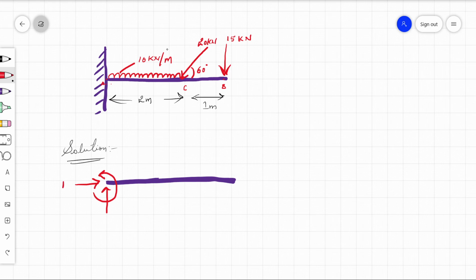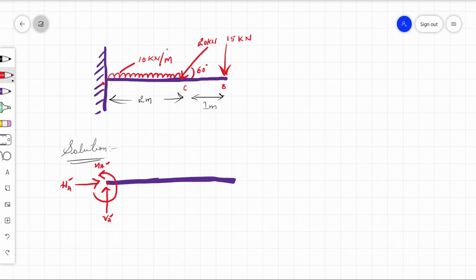This horizontal one, let me call it HA, because this point we know as A. And the vertical at point A, and moment at point A. These three are the unknowns which we need to find. We don't know the values of these three.